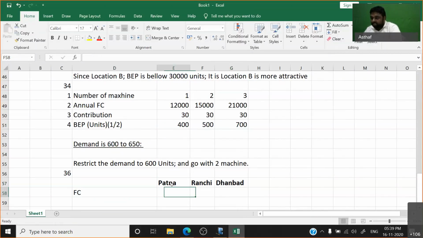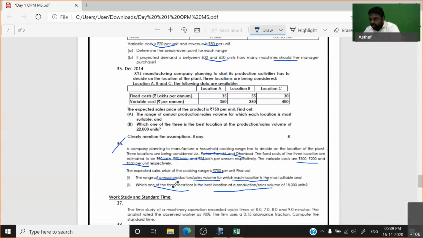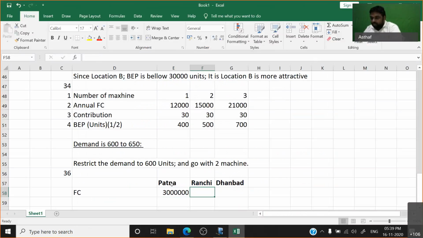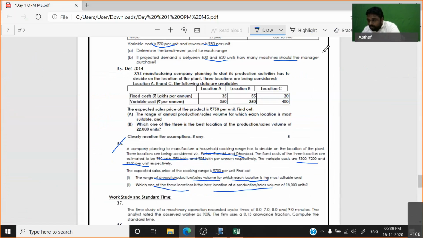What is the fixed cost? 30 lakh, 50 lakh, 25 lakh.